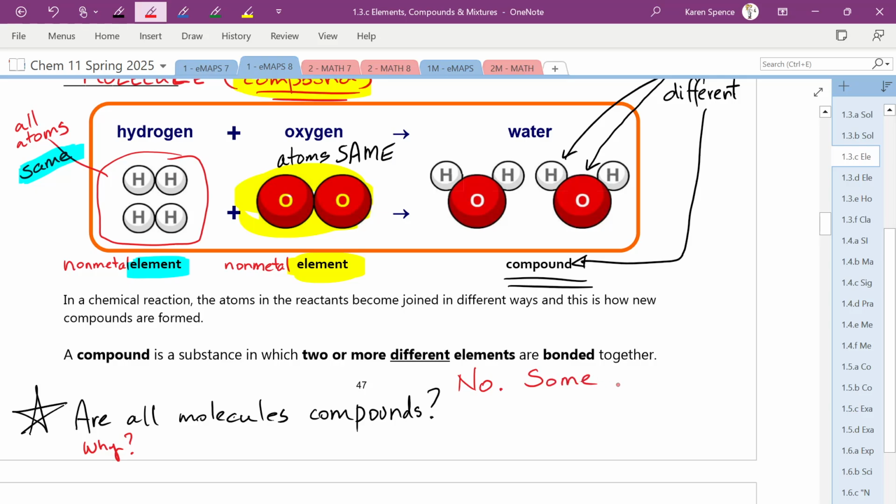Some molecules, and I'm going to show you my abbreviation for molecule. It's capital M, capital C, because we write molecule a lot in this course. It's nice to shorten it. Some molecules are not compounds, but rather they are elements.